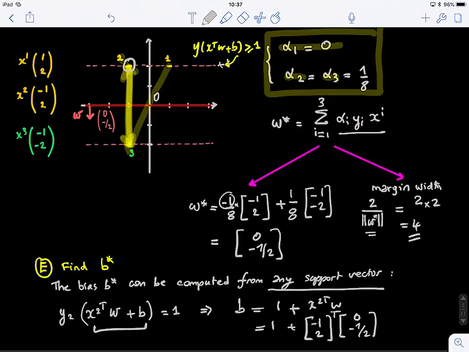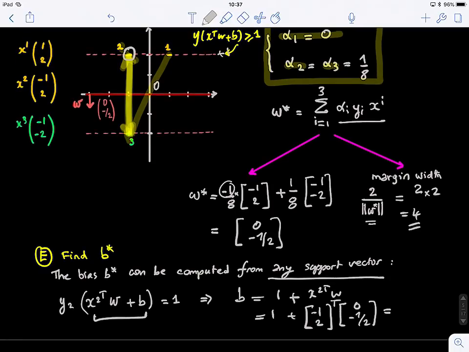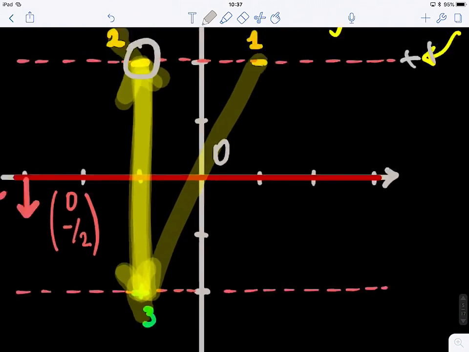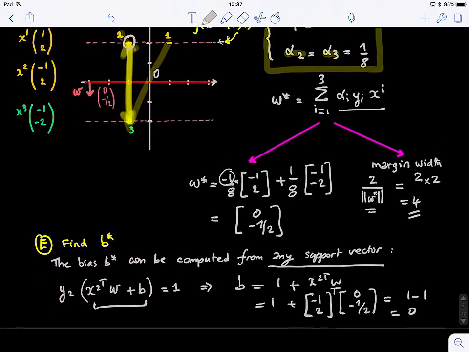Here we will have 1 minus 1, that's a 0. Right? So the bias is equal to 0, and you can see it here because it passes through the origin. Right? Okay. Great. So that's it.